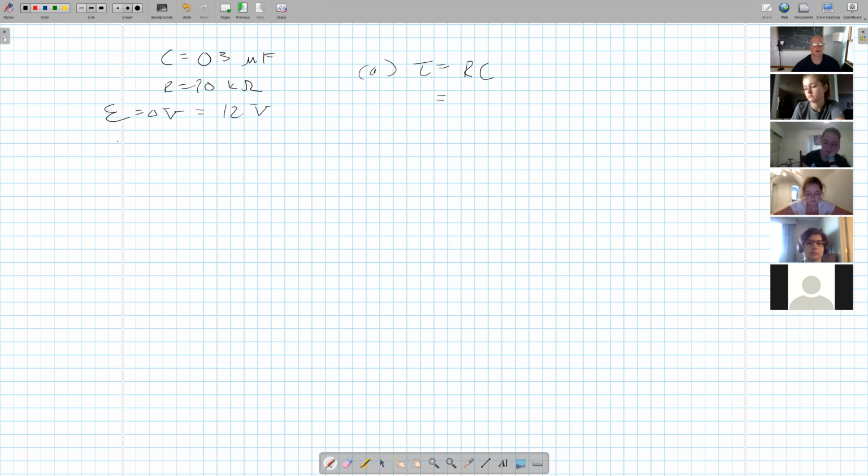So in this case, it's 20 kilo ohms, so 20 times 10 to the 3 ohms, times 0.3 times 10 to the minus 6. Kilo is a positive 3, sorry, not negative 3. So it's the same as 6 times 10 to the minus 3, with units of seconds. So this is about 6 milliseconds. This is our time constant.